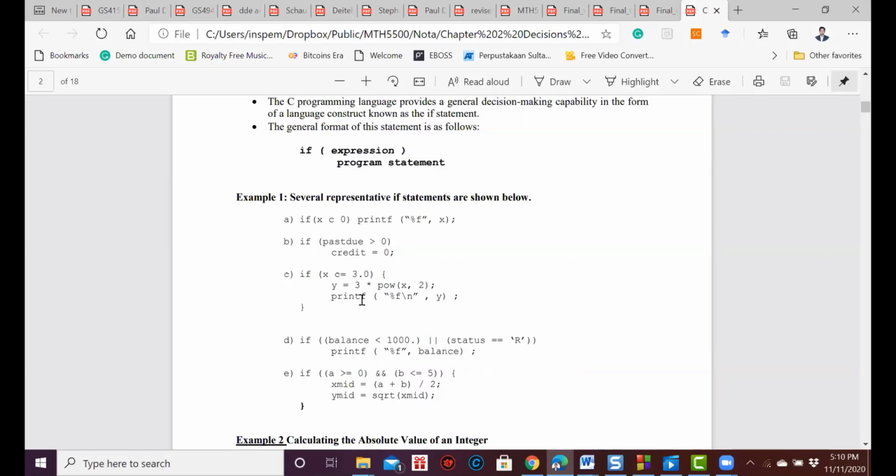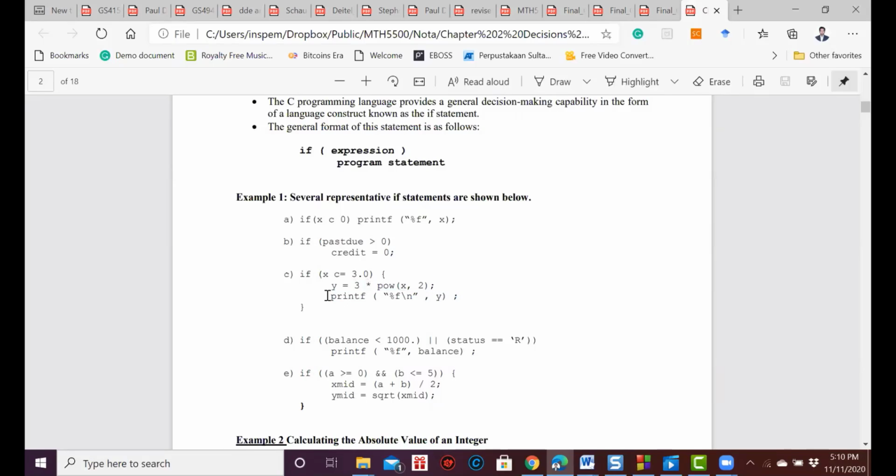Here we have two statements. Since we have two statements, we put curly brackets, meaning these two statements belong to the if statement. If we miss the curly brackets, the logic will execute only a single statement. So what happens with the printf?